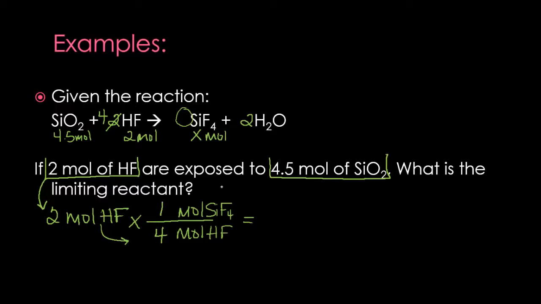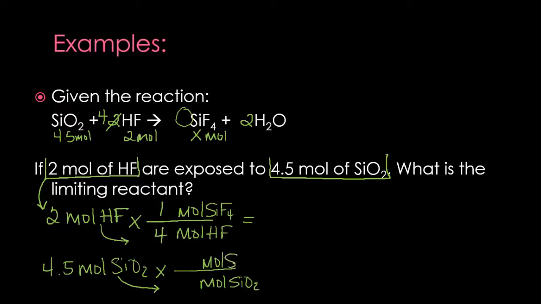Then I'm going to work with the second one. So I have 4.5 moles of SiO2 times my line. Remember, getting rid of SiO2 goes on bottom. So moles of SiO2, changing it to moles of SiF4 on top.